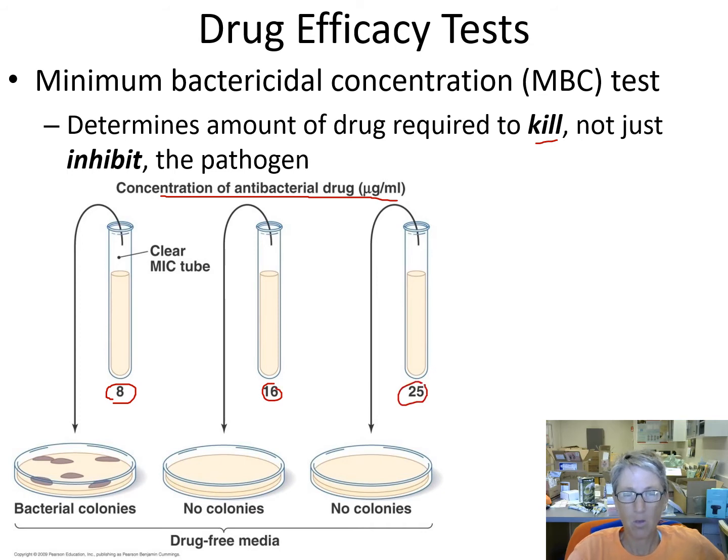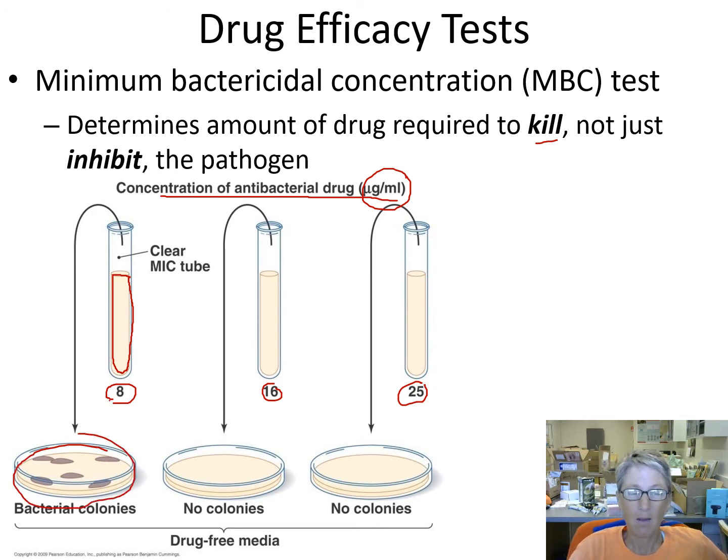And this time they give you the units, micrograms per mil. And you have the microbe mixed with that concentration of the drug. And then you plate the microbes that have been exposed to the drug on these plates to see if they grow colonies.